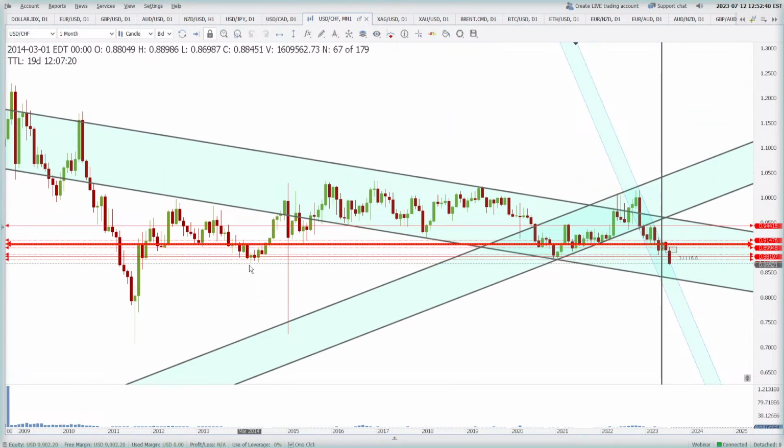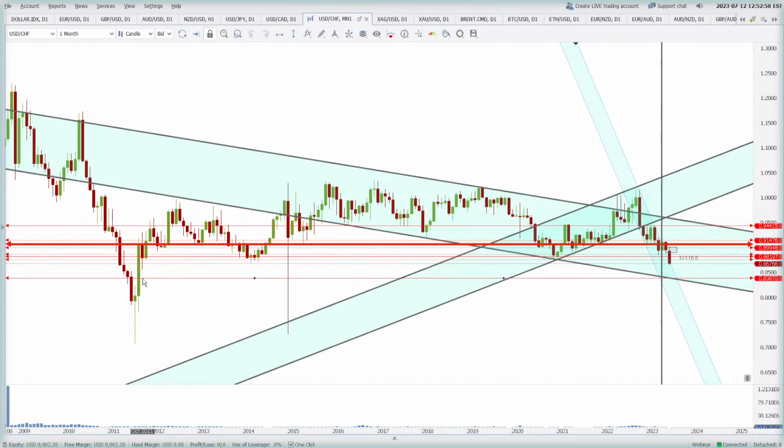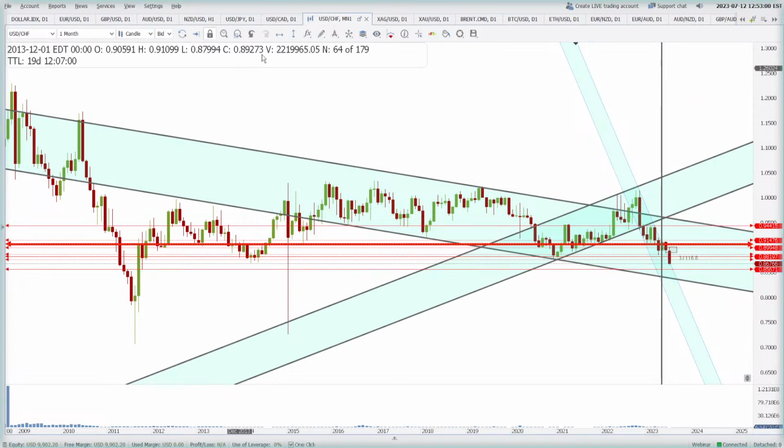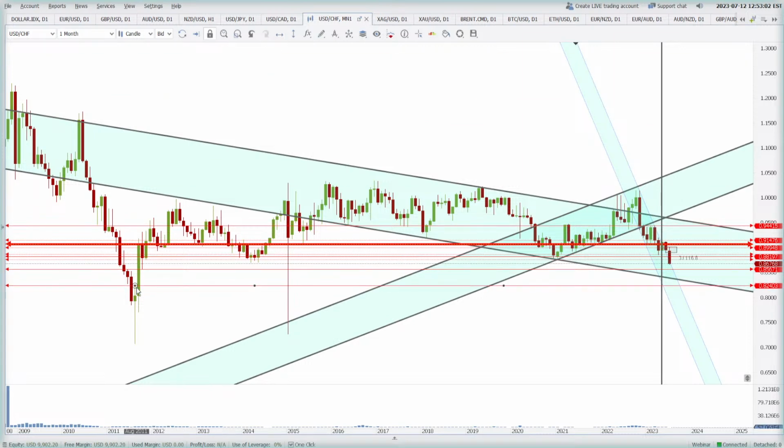Well, it looks like just now this monthly mark of March 2014, that is a low of 0.8698, has been taken out today by the market, and now the next low is here of October 2011, that is 0.8567. So it must be headed towards 0.8567 now, and later on I think this high must be a target.